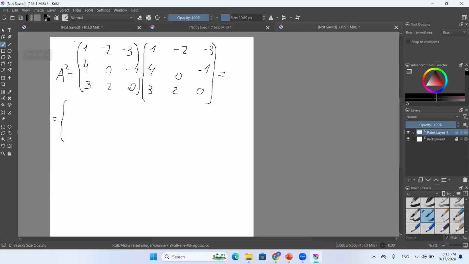Okay, so actually, the dimension of the matrix, of course, will be 3 by 3, but let's calculate its coefficients. So, what is the first element? On the first row and the first column.